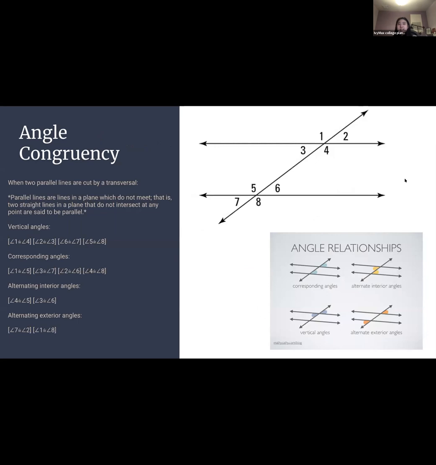So yeah, let's get into some angle congruencies. On the right, you can see some shapes, I mean triangles, with different angles. We'll give you some time to write down the angle relationships below here. Just remember it since it's important.